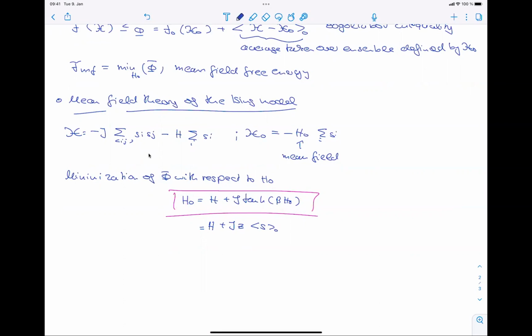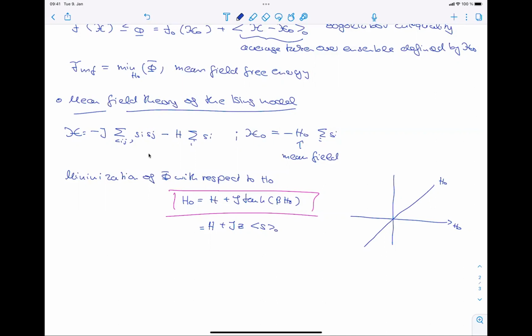And so the graphical solution to that is to plot the function as a function of H naught. So that would be H naught, like the linear curve.